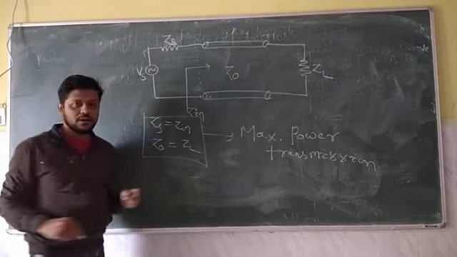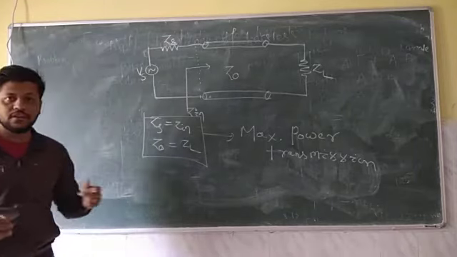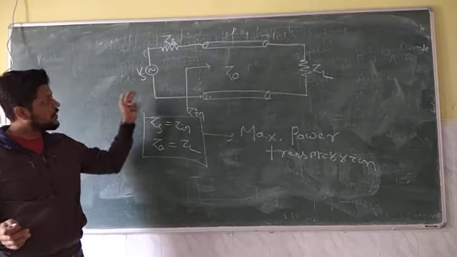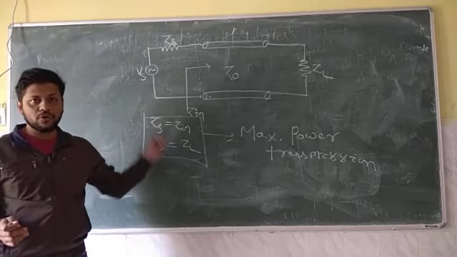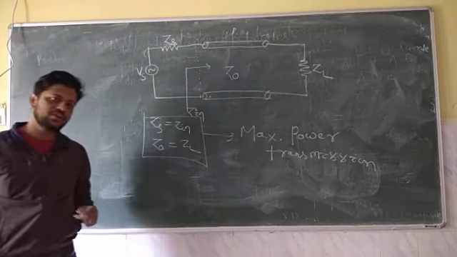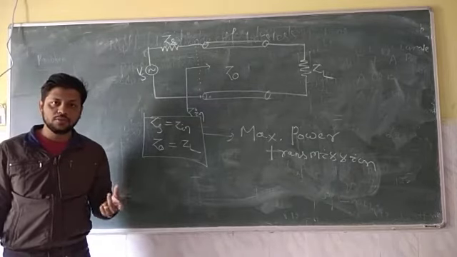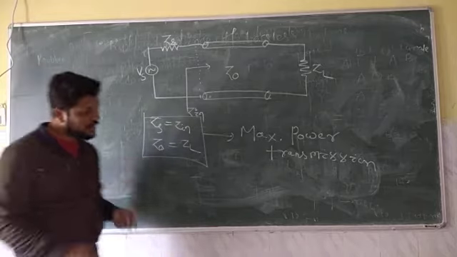There is no reflected wave. All the power originating from your source will be delivered to the load ZL. In this case the net reflection will be 0. So we will see that.